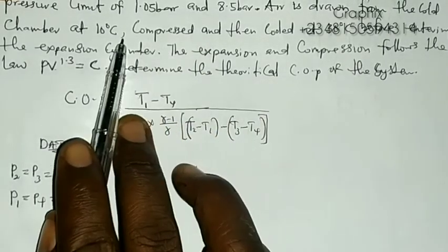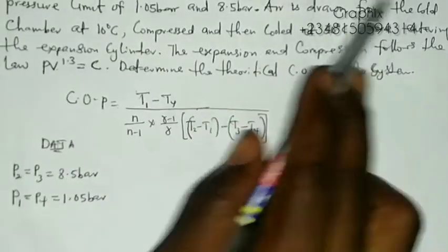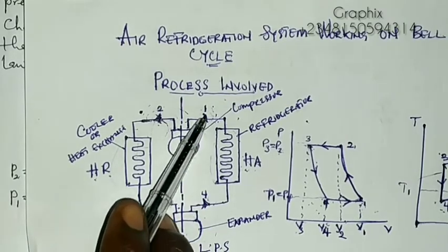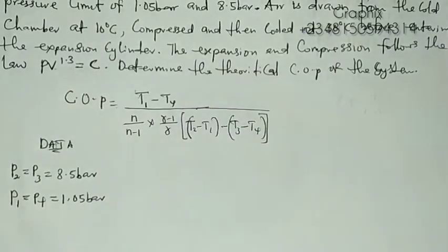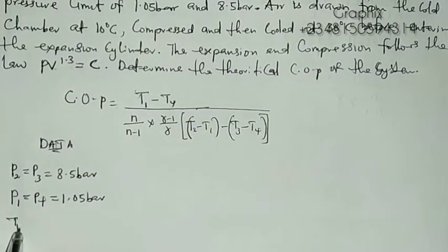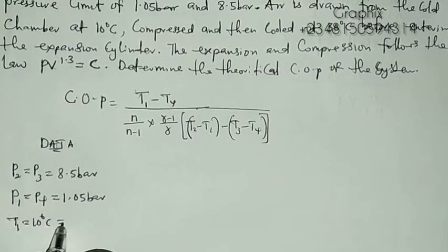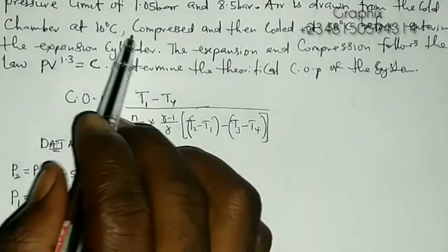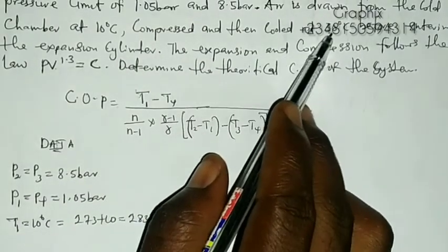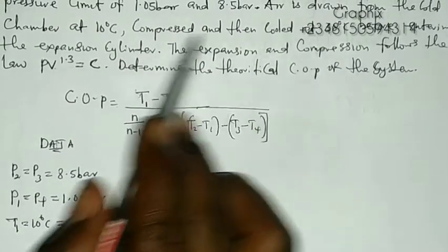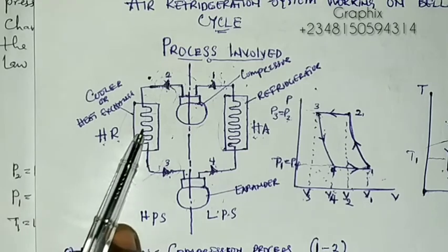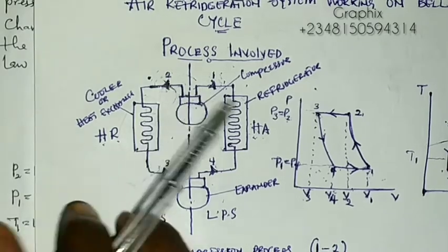Now move forward. It says air is drawn from the cold chamber. Now if you look at this, what's the cold chamber? The cold chamber is the refrigerator, and when air is drawn, that is at state 1. That is T1. So at 10 degrees, my T1 is equal to what? 10 degrees centigrade. If you convert it into Kelvin, it will be 273 plus 10, and that will give me 283 Kelvin. Now, compressed and then cooled at 30 degrees Celsius before entering the expansion valve.